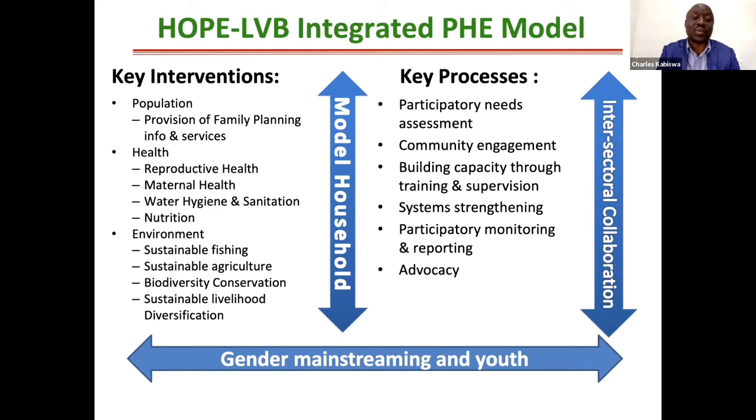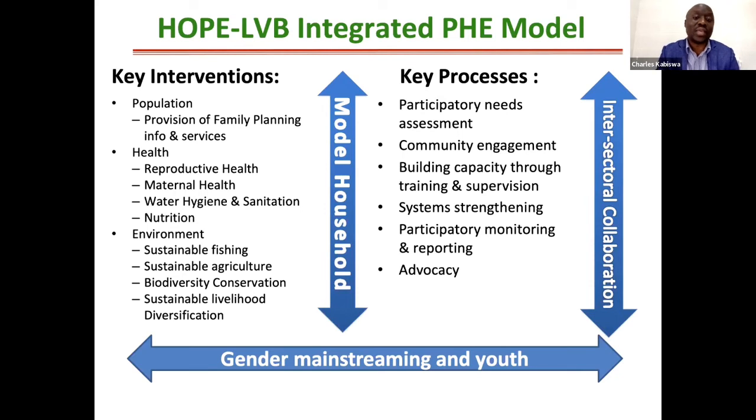Under health, there was reproductive health, maternal health, water, hygiene and sanitation, as well as nutrition. Environment was composed of sustainable fishing, agriculture, biodiversity conservation, and sustainable livelihood. So you can see how integrated the model was.